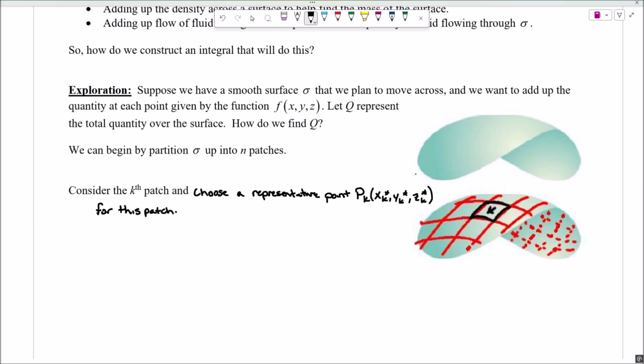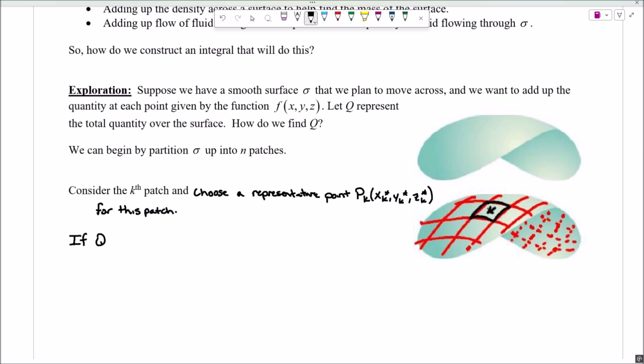Now, I need to start figuring out how much of this total quantity exists over this patch. What is the estimation of Q over this particular portion of the surface? To help identify this, I'm going to identify a couple other things.